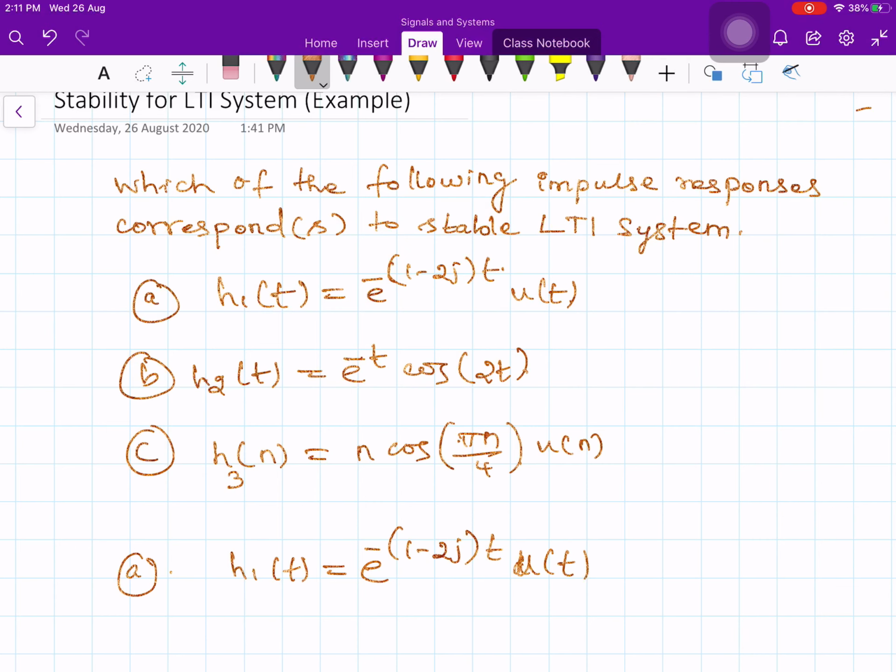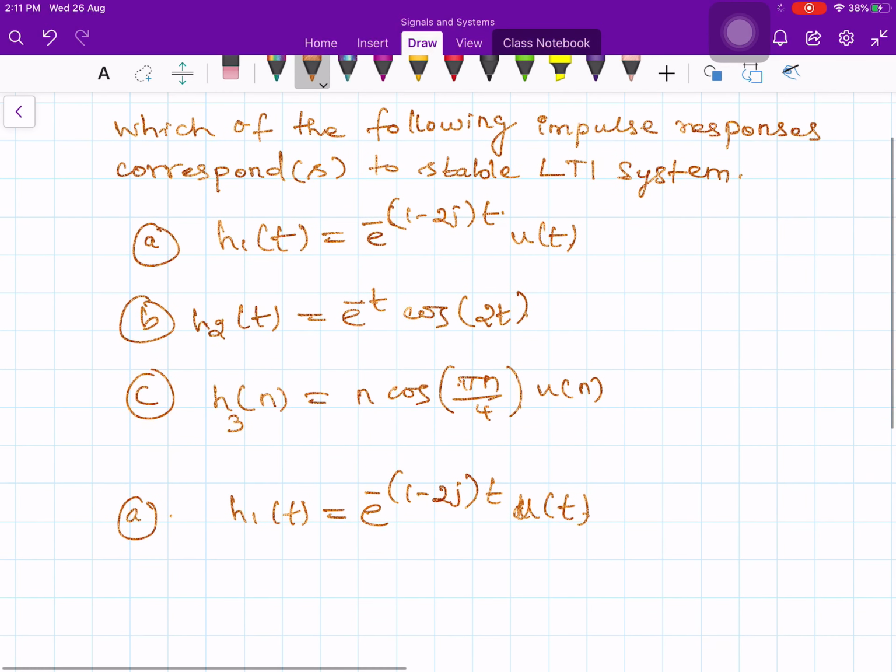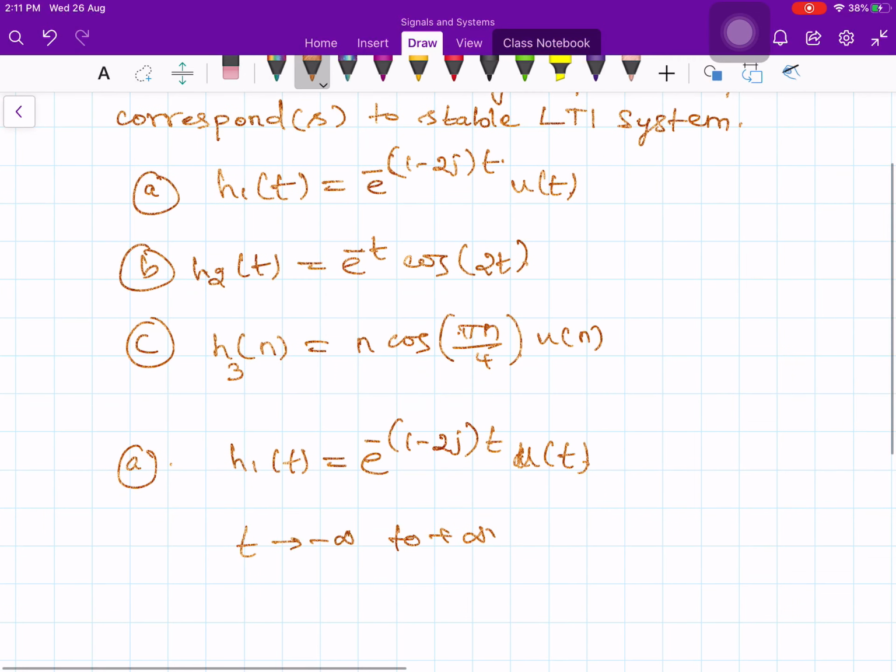Now to find the stability, put the values from minus infinity to plus infinity for t. That is one way of doing it. Substitute t from minus infinity to plus infinity. Now h1 of minus infinity, what will you get?